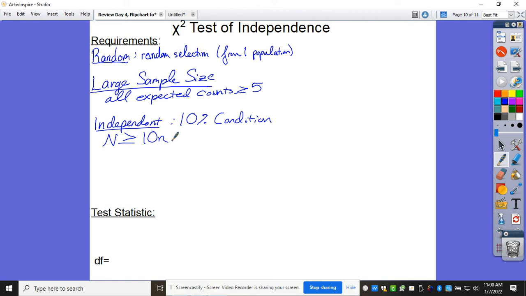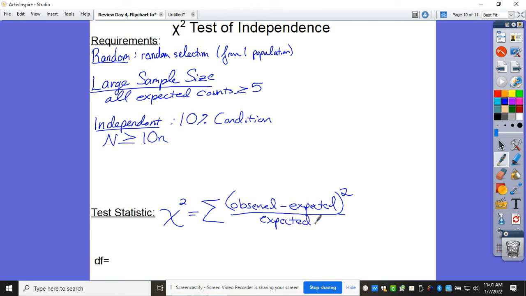Same as yesterday, every single time I do a chi-squared, what is my equation to find chi-squared? So we talked about this part yesterday, well, not this part entirely, or two days ago.